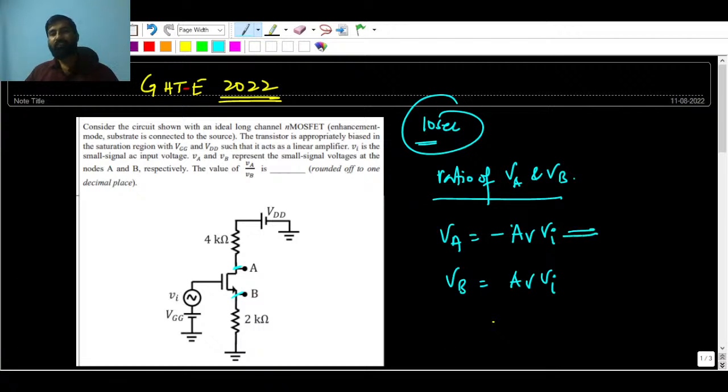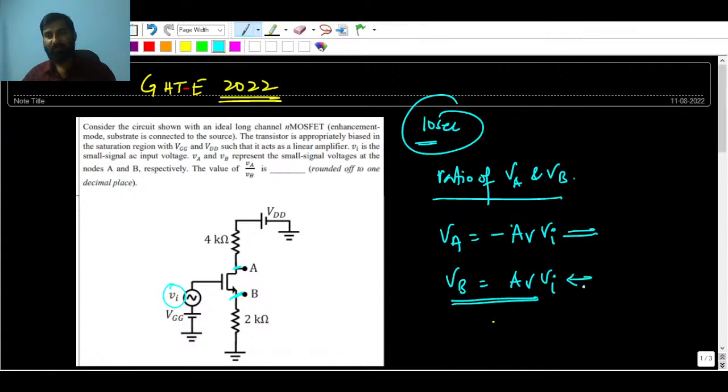This is for the common source amplifier, because there would be a 180-degree phase shift. And when they ask about the small signal voltage at the source terminal, you are applying input at the gate and finding the output at the source, so it becomes common drain.